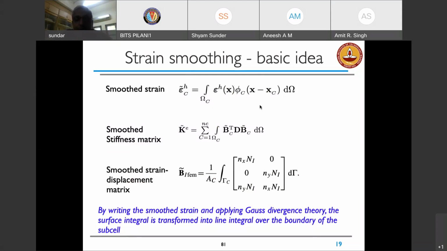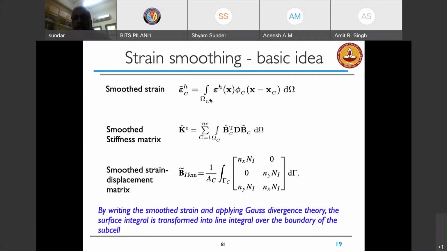And the beauty of this is that this is a continuous function within an element, and this is a weighting function which is also continuous. That's what we assume. Now, when you write a weighted average, you introduce an integral. Because both of them are continuous functions, we can apply Gauss divergence theorem to it. So this integral can now be transformed to a line integral on the boundary.